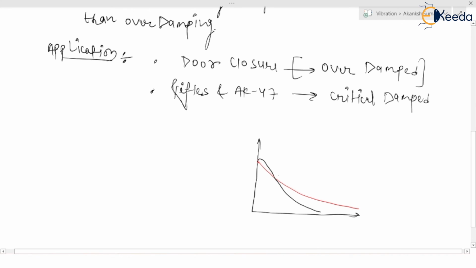So this is the basic difference between the critical damped system and the overdamped system. This is zeta greater than 1, that means overdamped system, and zeta equal to 1, that is critical damped system. So I hope you understand the critical damping and the over damping. Next we will discuss the under damped system. Okay, so thank you.